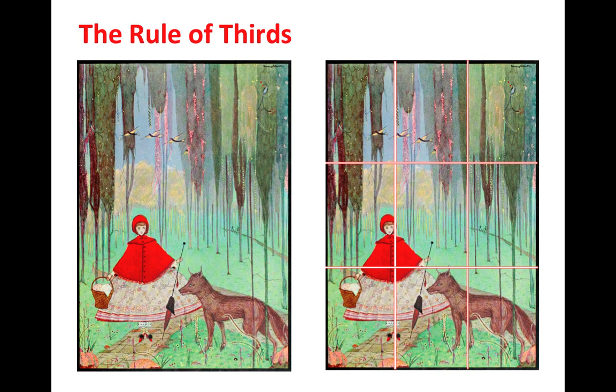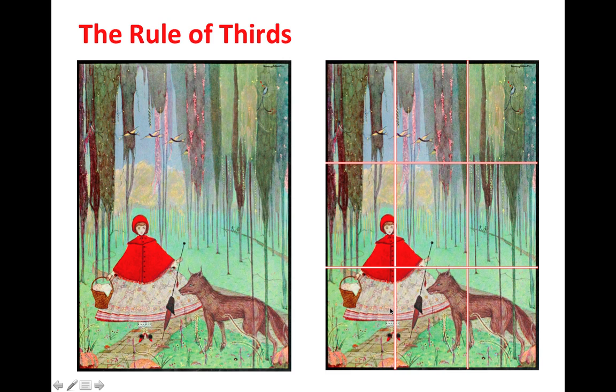Another thing you can do when you're looking at balance is consider something called the rule of thirds. What this means is you take your image or your illustration and you divide it into 3 parts on each side, which divides the whole picture into 9. When you're observing the rule of thirds appropriately, you don't want the main image here in the center. You want things to be shifted slightly.